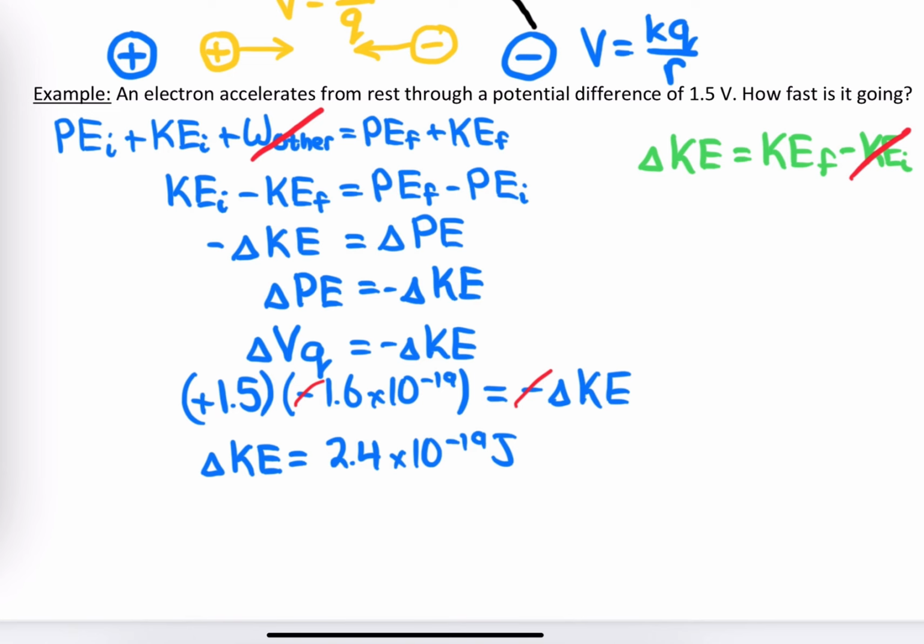So the delta KE is equal to the kinetic energy final, or 1/2 m times its speed at the end squared. So if I take the change in kinetic energy of the electron, put that in here, and the mass of an electron, put that in here, I should be able to find the speed of that electron.